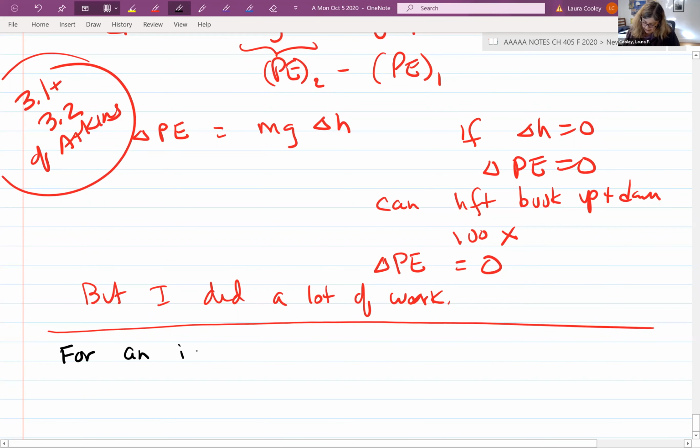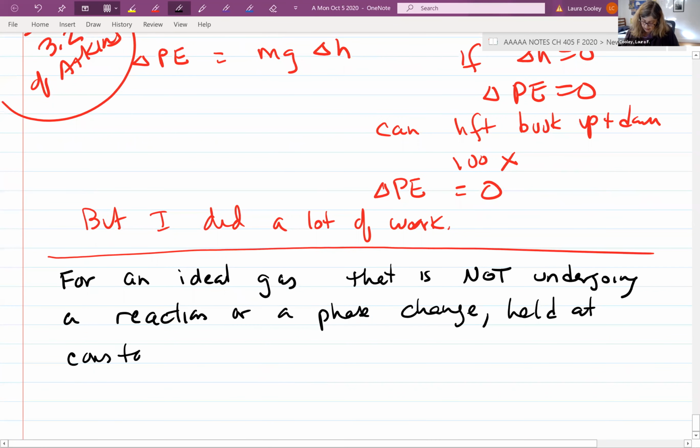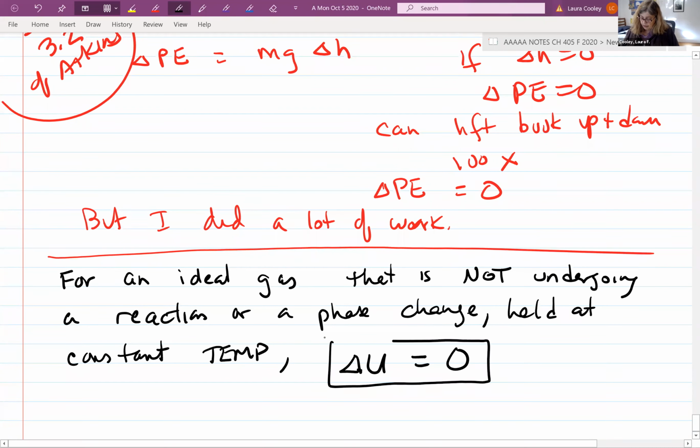For an ideal gas that is not undergoing a reaction or a phase change, and is held at constant temperature, the change in the internal energy is equal to 0.